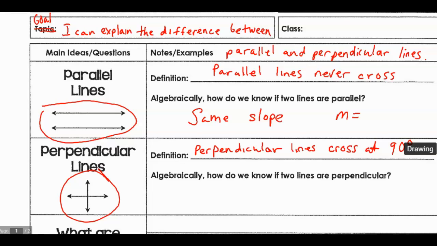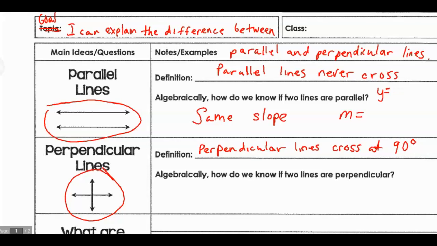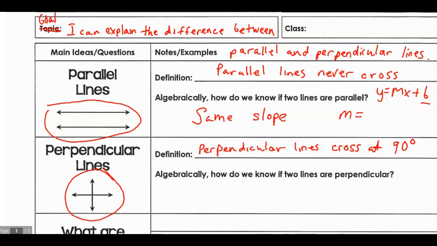That's it for parallel lines. Really easy. What they typically have that's different when we start comparing them down the road is the b. They'll have the same slope, the m's will be the same, but their b will be different. So we'll get to that another day.